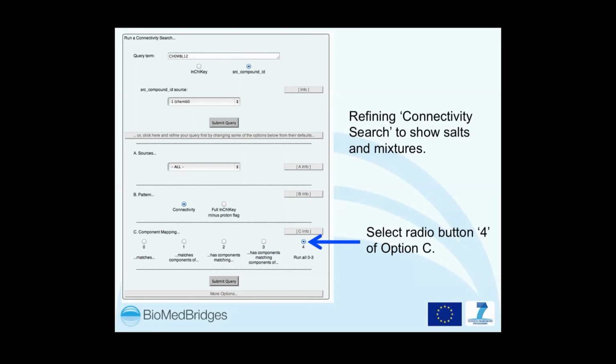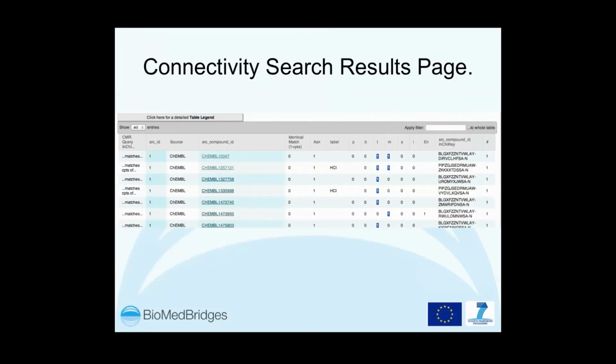And running that sort of query then often pulls back a very much larger data set than you would normally pull back for a UniChem query. And this table of data which is brought back is essentially very similar to the one for the normal search, which I showed you right at the beginning, except there are some extra columns in here. Most notably are the columns headed up with single letters towards the right-hand side: P, B, T, M, S, and I. These are the different layers of the standard InChI.